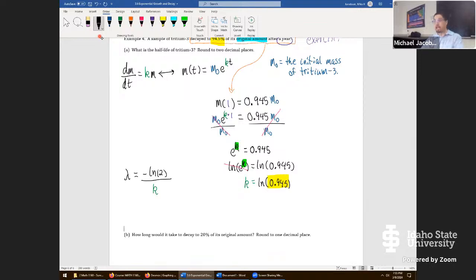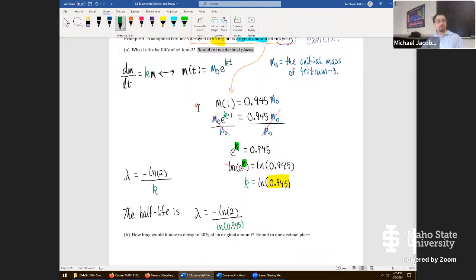Just to be specific, because it's a pretty loaded question with lots of things built into it, let's say the half-life is lambda equals negative natural log 2 divided by k, which was the natural log of 0.945. So just substitute in the value of k, we've got the exact expression.